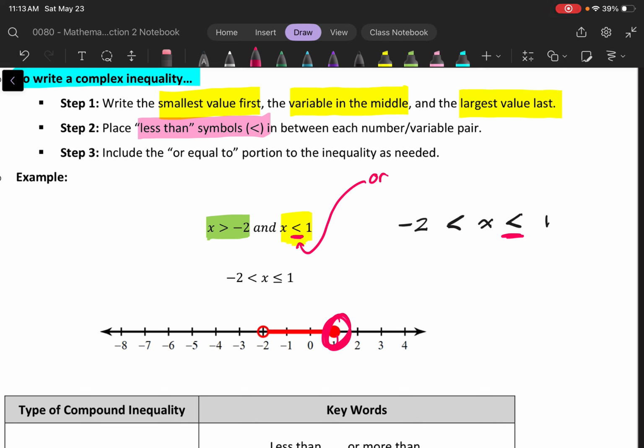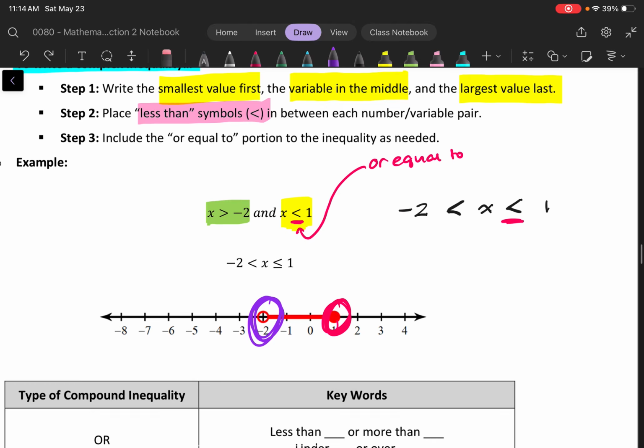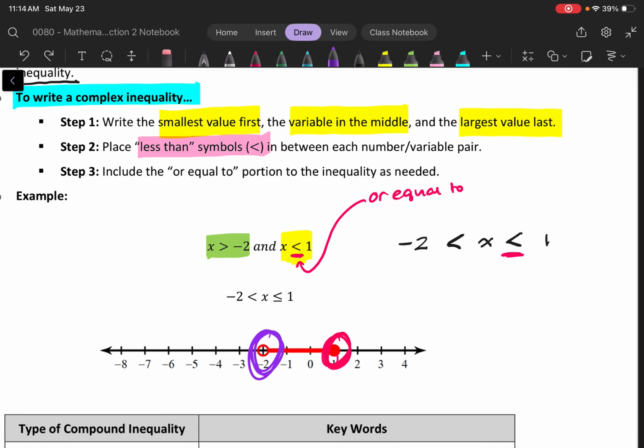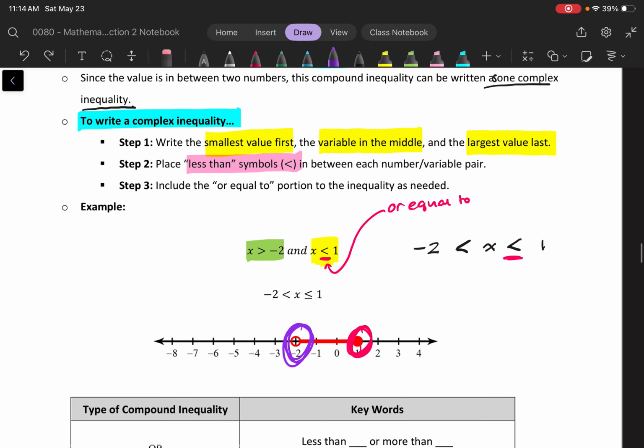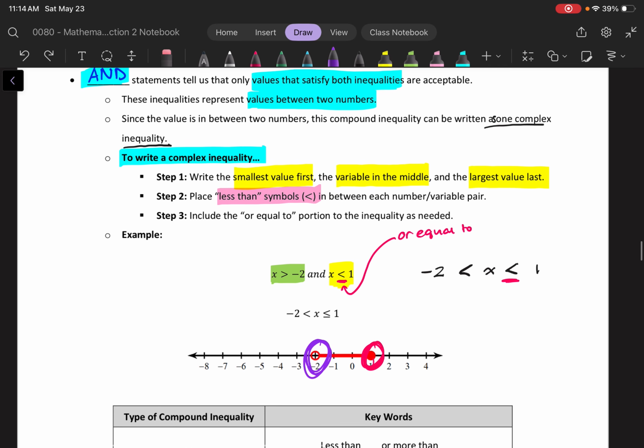Please add this or equal to into your notes. This side does not have an or equal to portion, so there is no line at the bottom of that inequality, and this is what I end up with. So I can use these 3 steps to create a complex inequality.